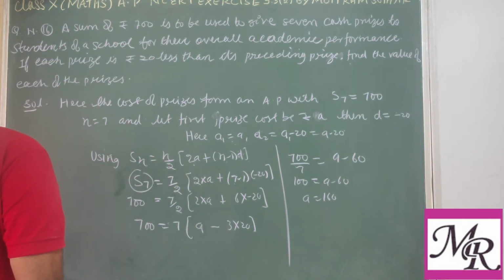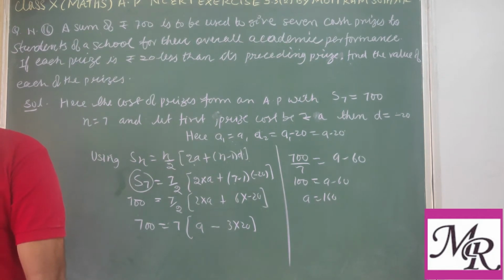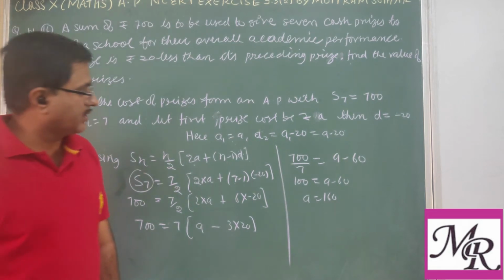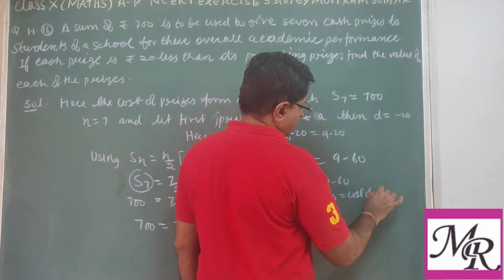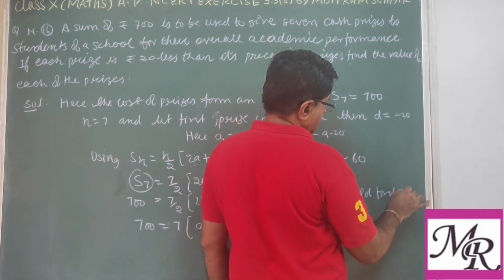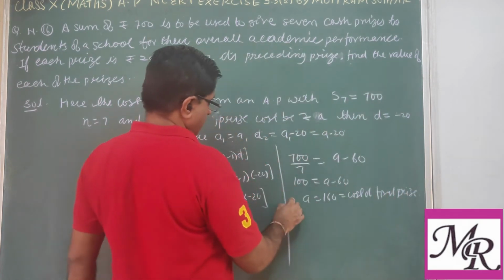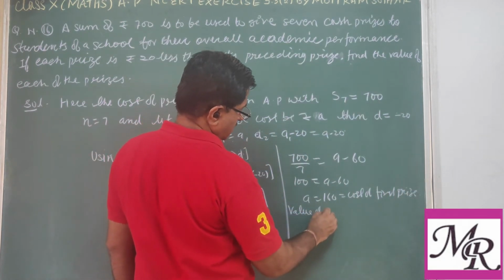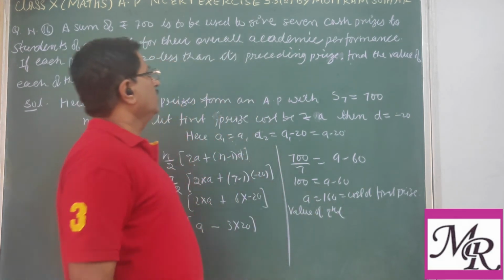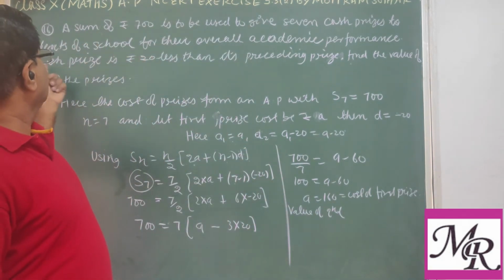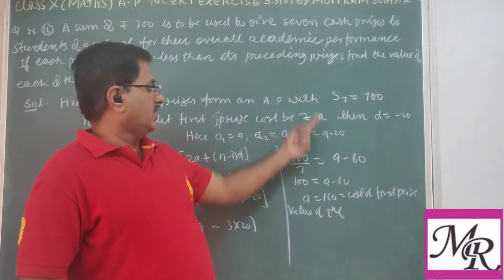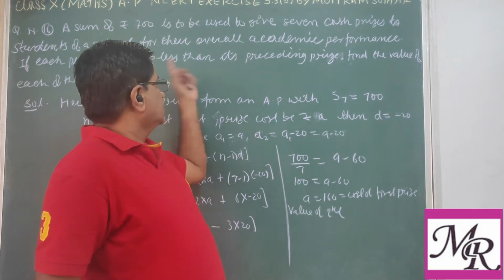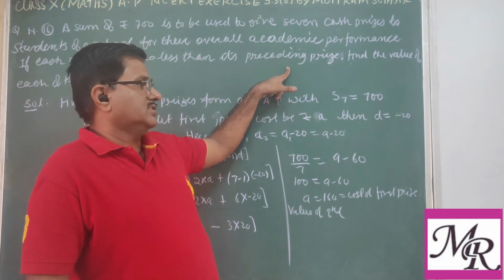Now the question says you have to find the value of each prize. So this is the value of the first prize, then the value of the second prize. The question says each prize is rupees 20 less than its preceding one. So first is 160, then its succeeding will be less than this by 20.